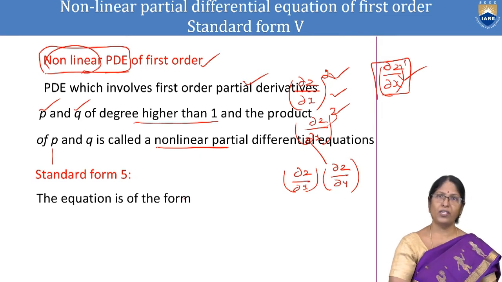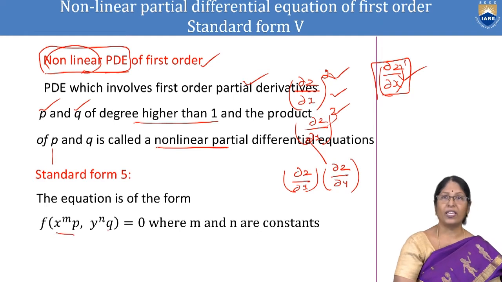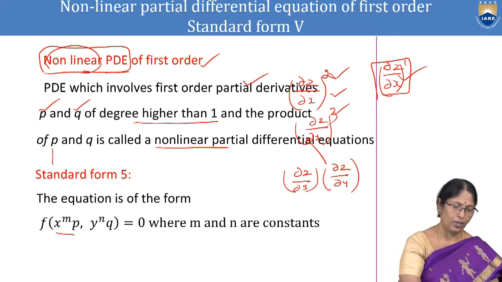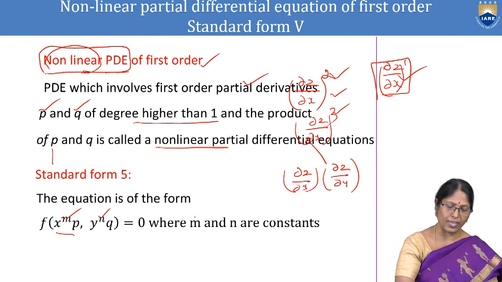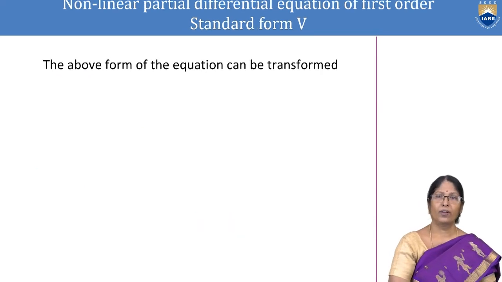The equation is of the form f of x power m p, y power n q equal to 0, where x has the power m and y has the power n. These m and n are constants.